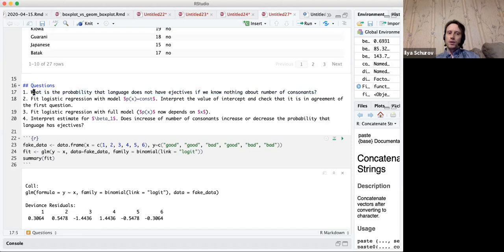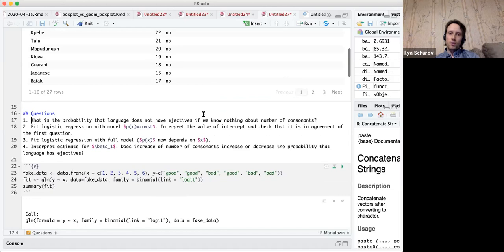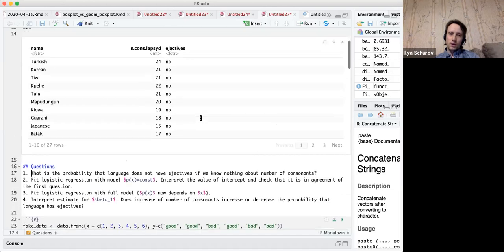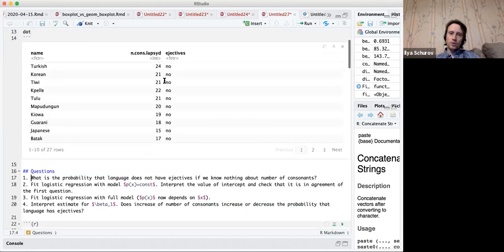But we just have to make sure. Actually, I don't know how it chooses which level to encode as 1, and which level to encode as 0. I think that it is just the first element that is counted as 1, but probably I'm wrong. So you have to investigate it as well.